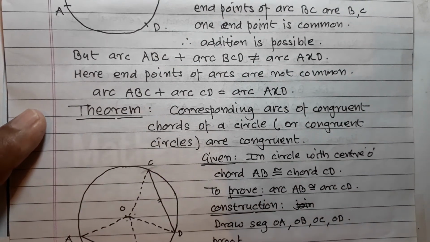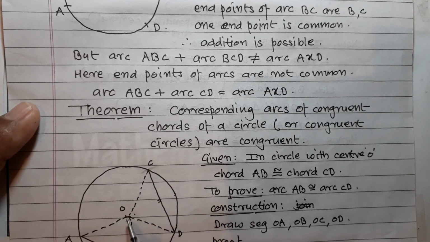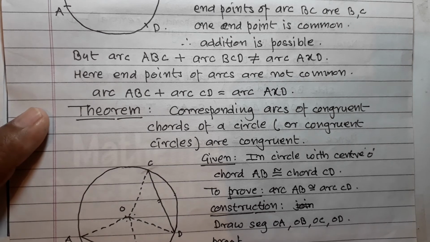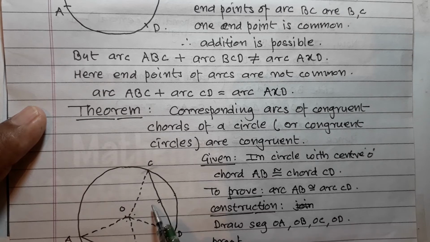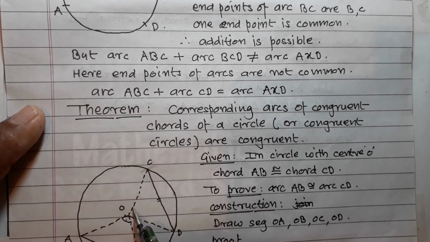Now in triangle AOB and triangle COD, AB is equal to CD, given, and this is equal to this and this is equal to this because they are radii of the same circle. Therefore these two triangles are congruent and therefore this angle and this angle are equal.